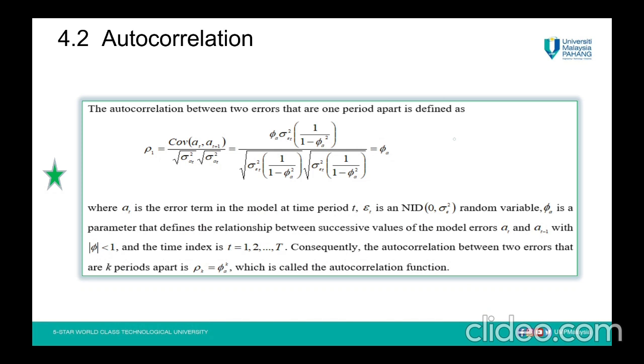The autocorrelation between two errors that are one period apart is defined as this formula. Consequently, the autocorrelation between two errors that are k periods apart is rho k, which is called the autocorrelation function or ACF.